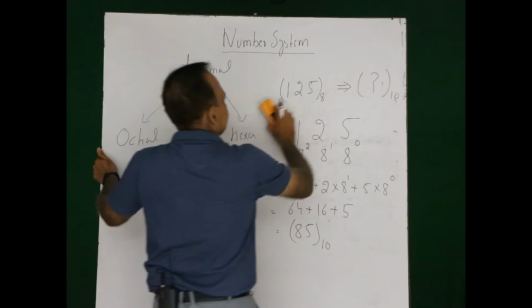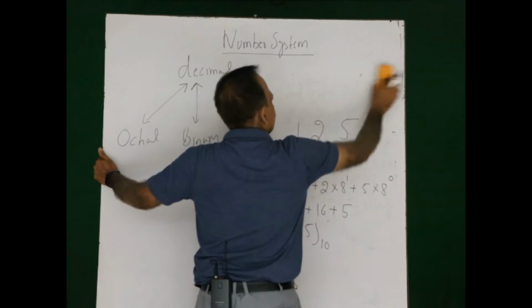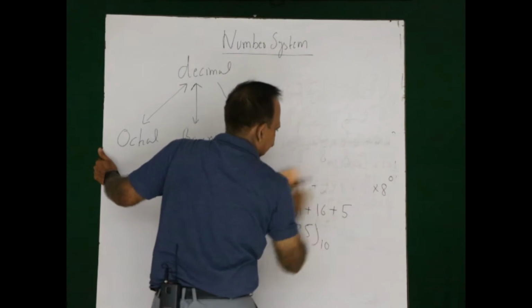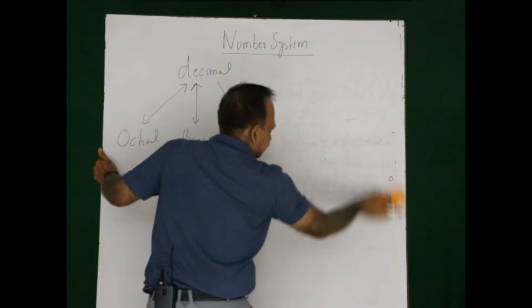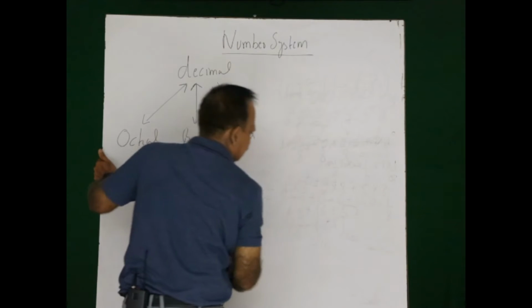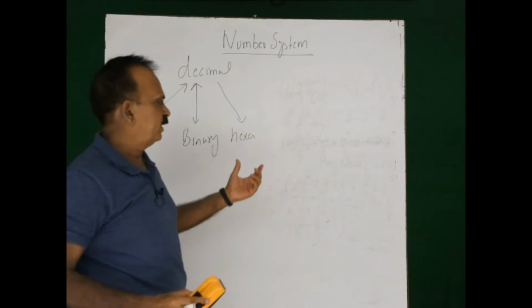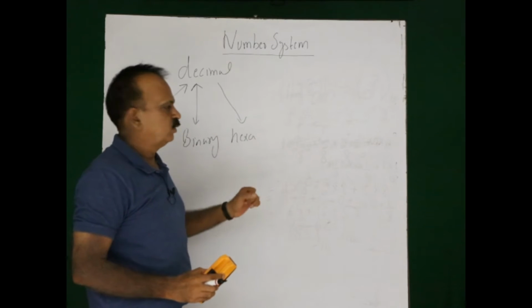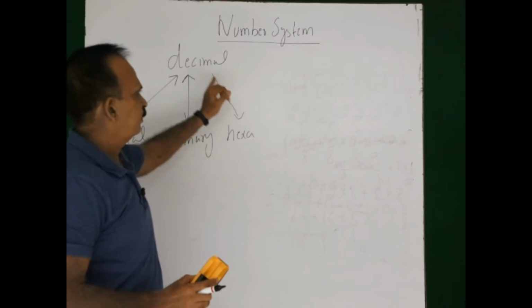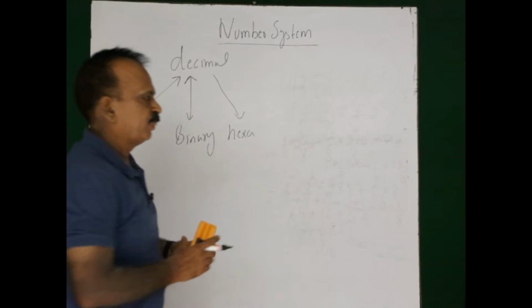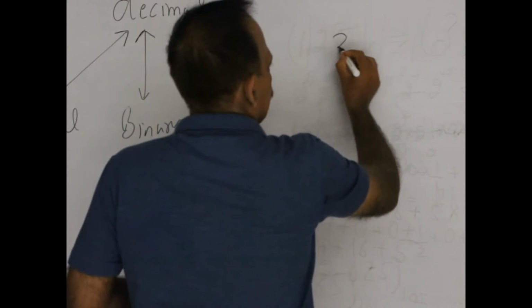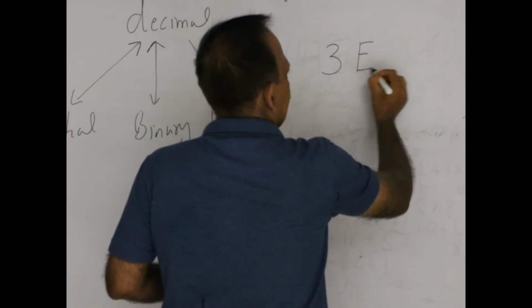Now hexadecimal to decimal. The base of the hexadecimal number system is 16. So we will be using powers of 16 to convert a hexadecimal number to a decimal number. Let the given number be 3E8.